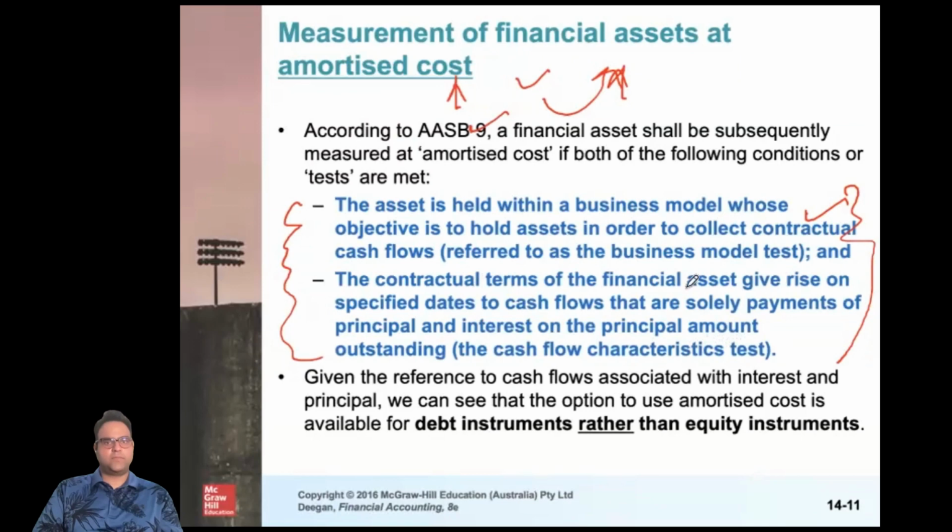So after a regular period of time, they get a fixed amount of payment, which will be recorded in the financial assets category. Given this nature, amortized cost is available for debt instruments rather than equity instruments. So let's do one example which will explain more about this amortized cost.